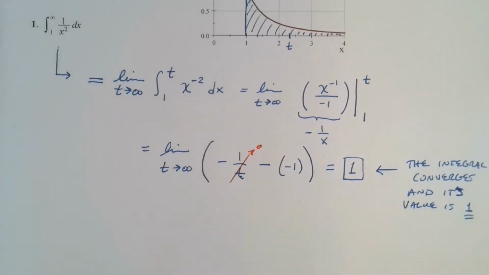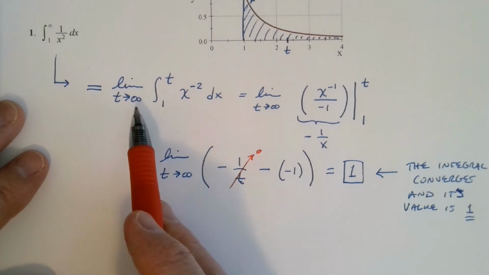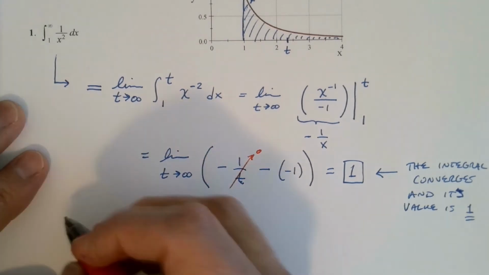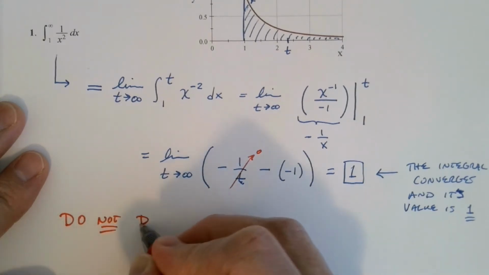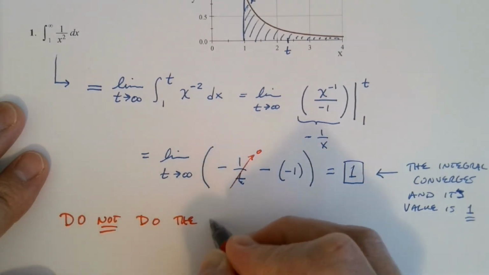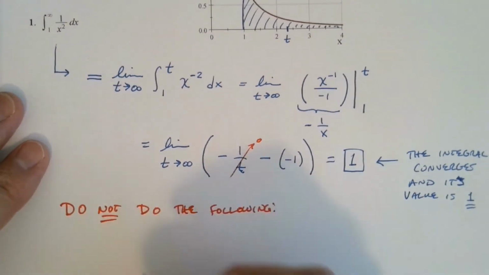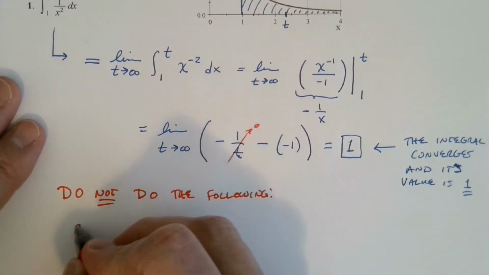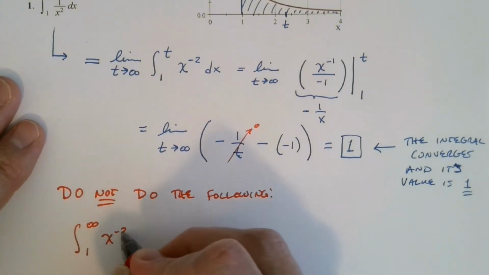Now, I do want you to show this correctly. So do not do the following. Let's rewrite this as x to the negative 2, 1 over x.